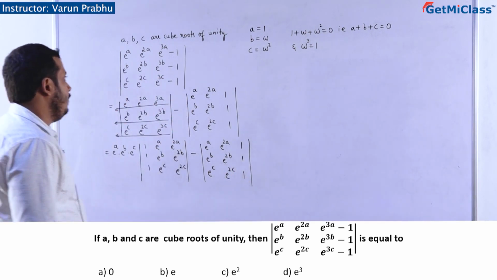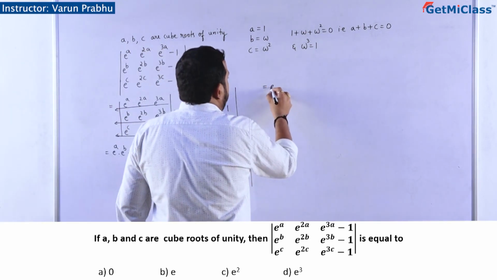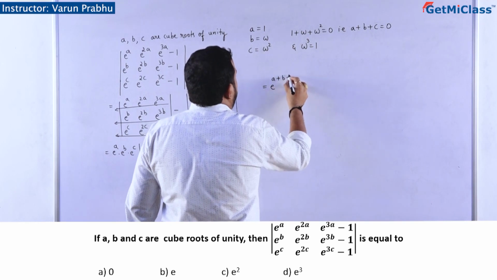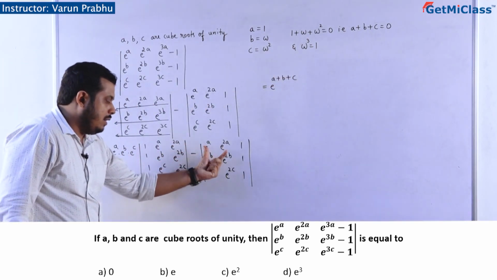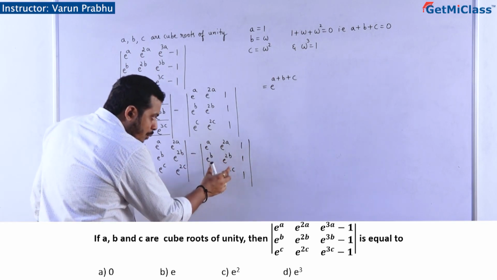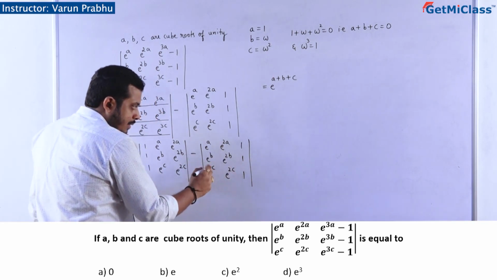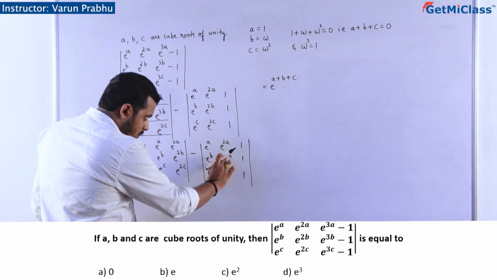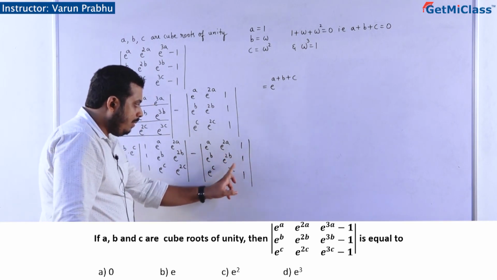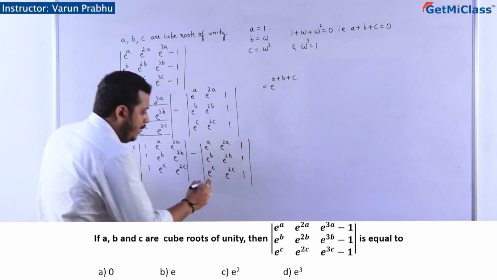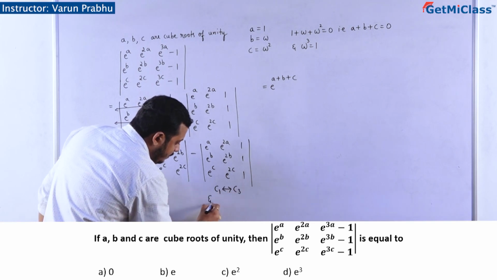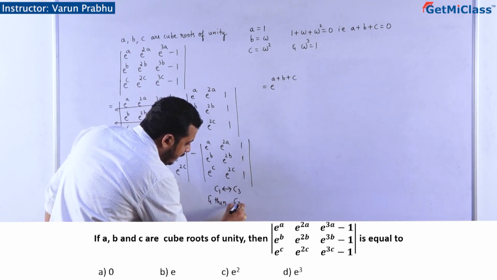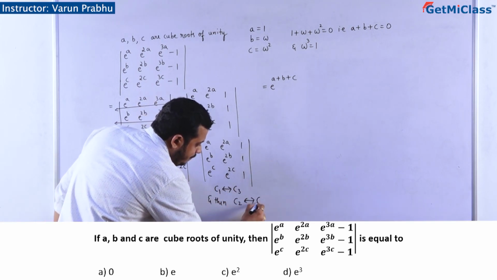This I can write equal to e to the power A plus B plus C, e power A plus B plus C. Now all of you see here, there is one more property, the interchanging property. First we'll interchange column 1 with column 3 of this part, and then interchange column 2 with column 3.